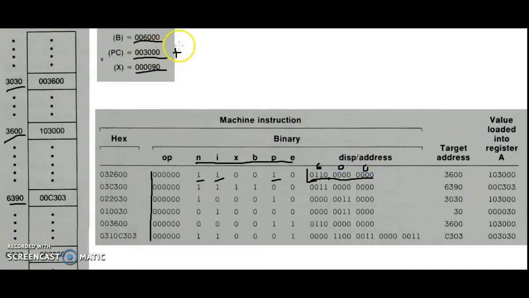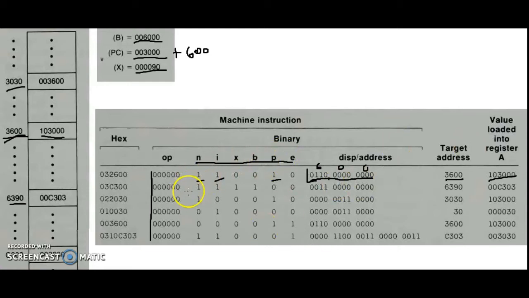So with this 3000 you need to add 600, and you will be getting the result 3600. Now you will be getting one address from the memory, 3600. It will have some value, and that value will be retrieved and stored in the target location.